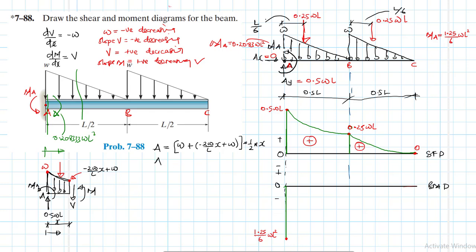When we write this, the 2W by half just becomes W. This just becomes minus Wx squared divided by L, and then the two add, times half, then the two cancels out, so this just becomes Wx.